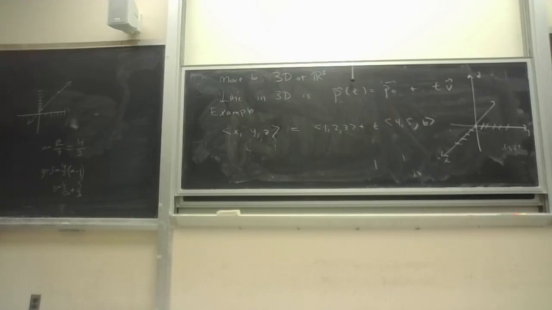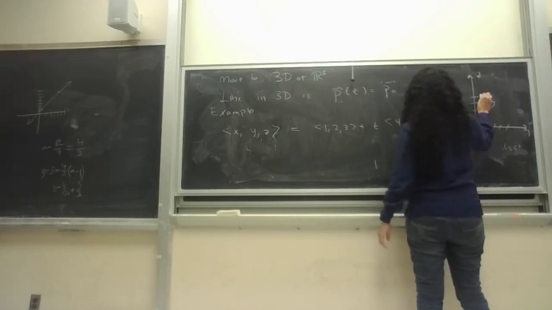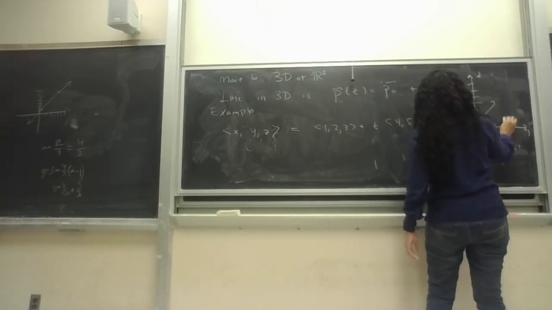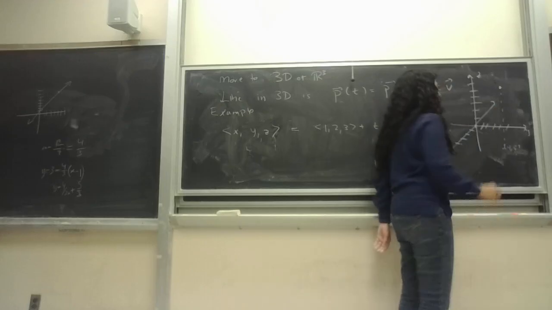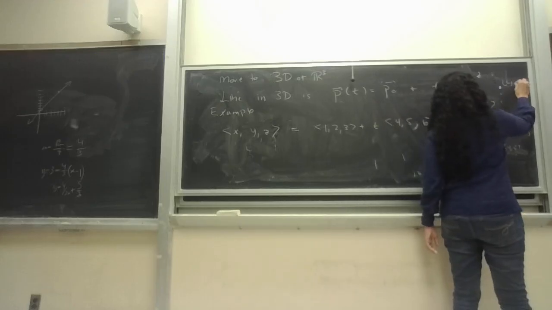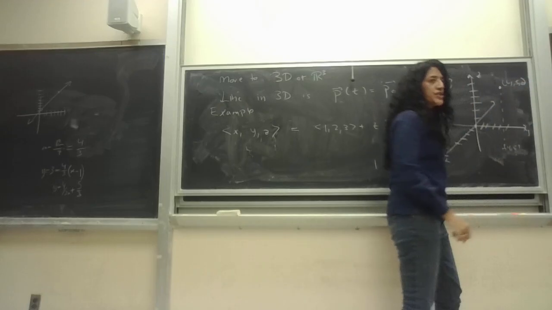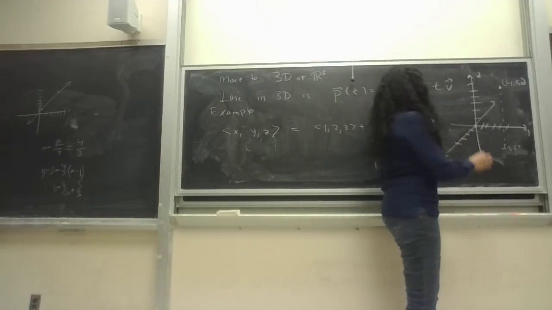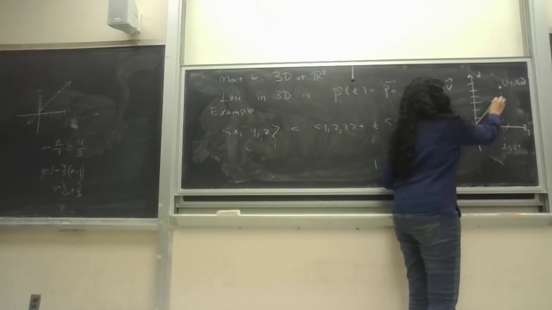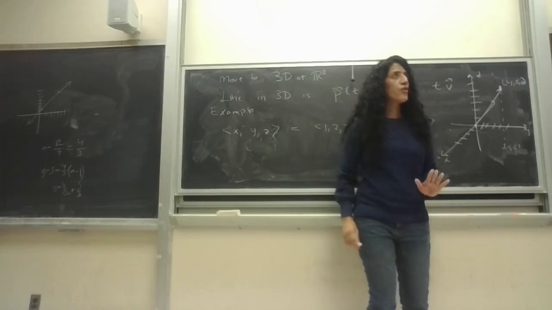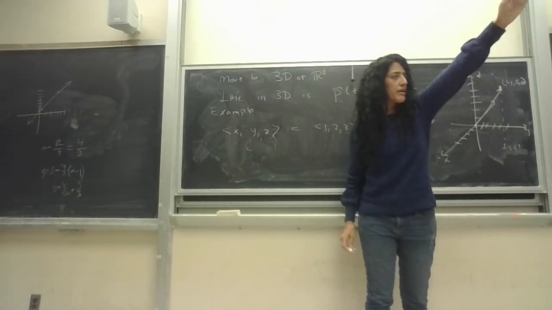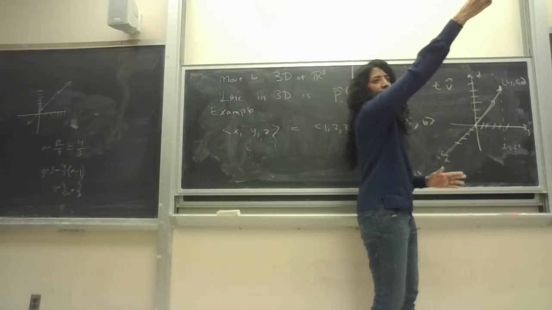So that would be up in the air. This is the point 4, 5, 6. That's how you should think of it, drawing it in math. And then from the origin to this tail point up in the air is this vector that shot up from the ground.